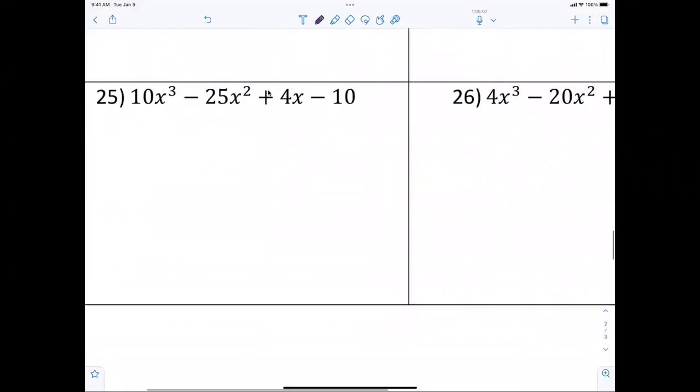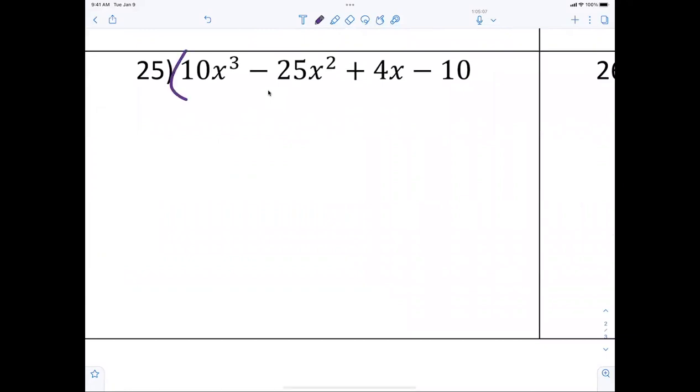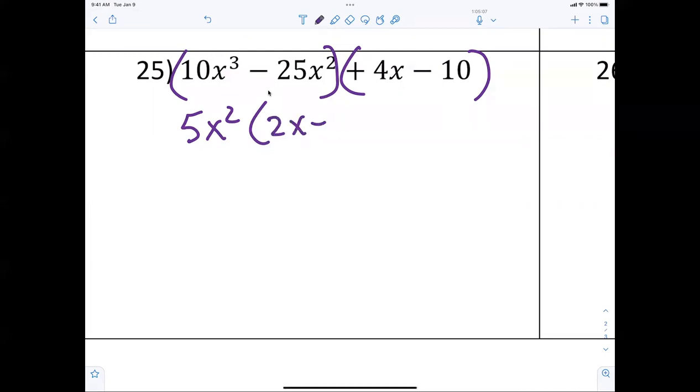All right, here we go. 25. What's common? X squared. Thank you. What's left behind? 2x minus 5. Thank you. What's common? 2.